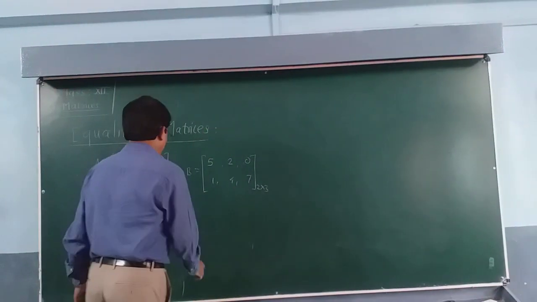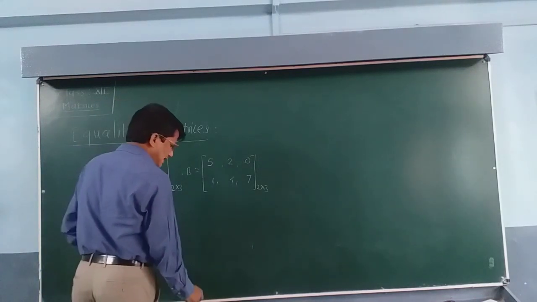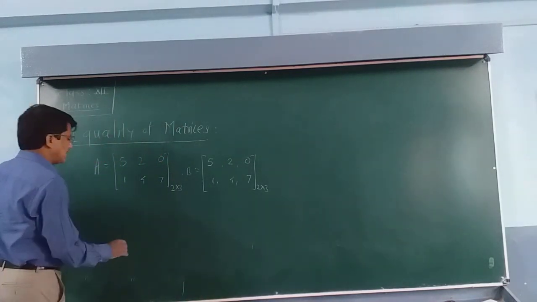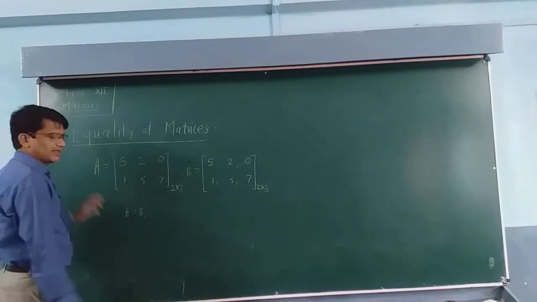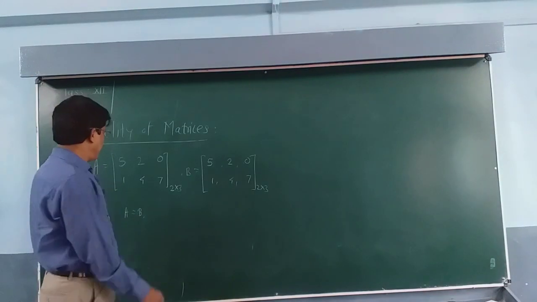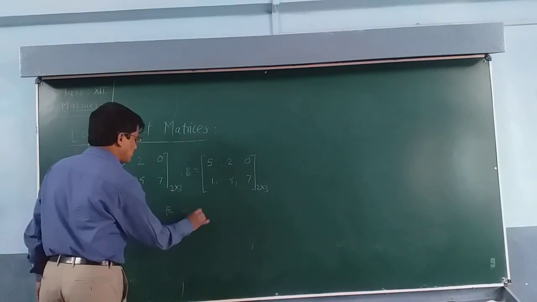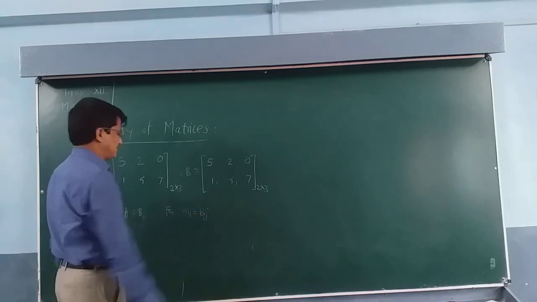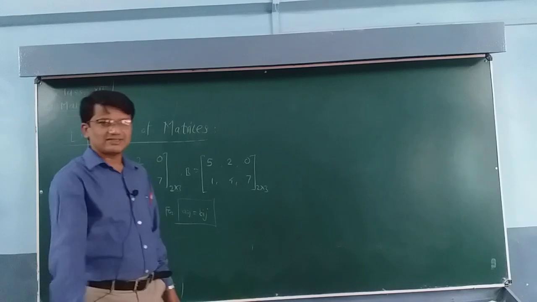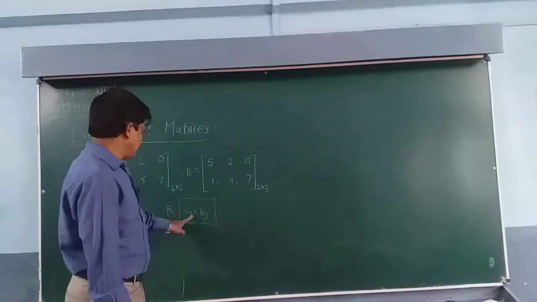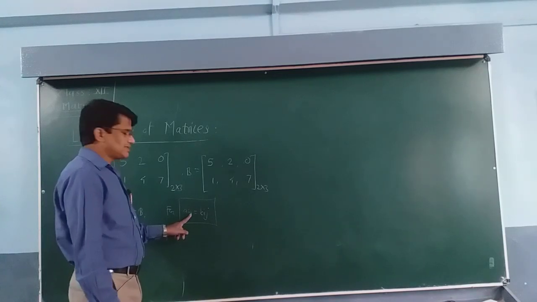So here matrix A equals matrix B. In general, two matrices are said to be equal, A equal to B, for which condition? Aij equal to Bij. For equal matrices, the condition is Aij equal to Bij, where i means 1, 2, 3 and j means again 1, 2, 3.